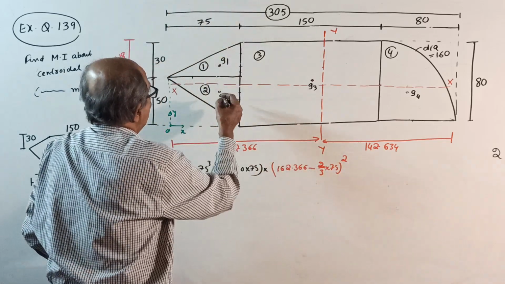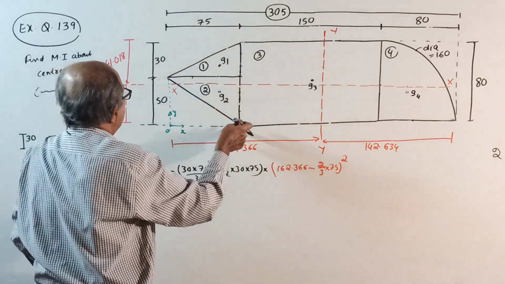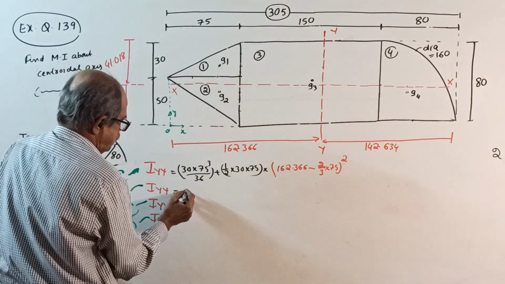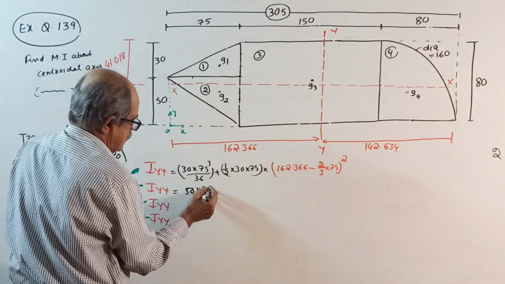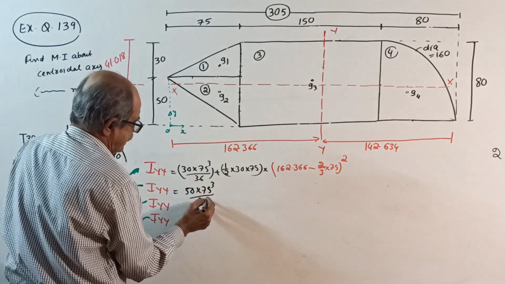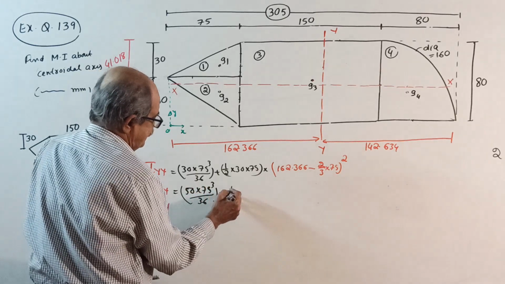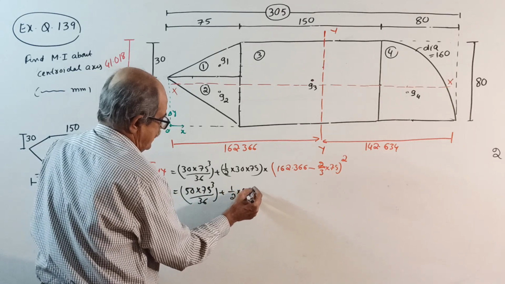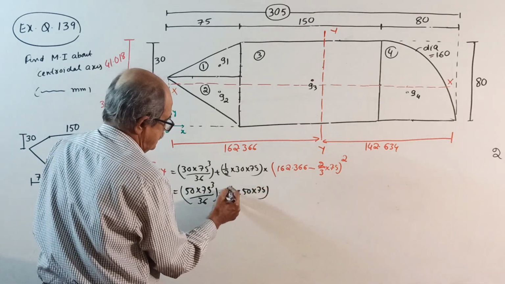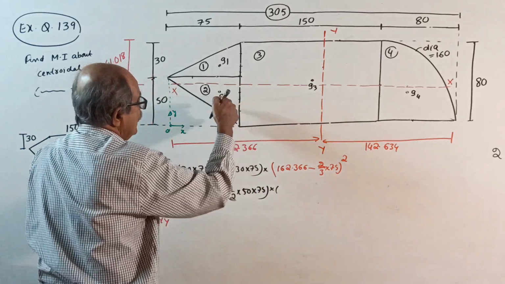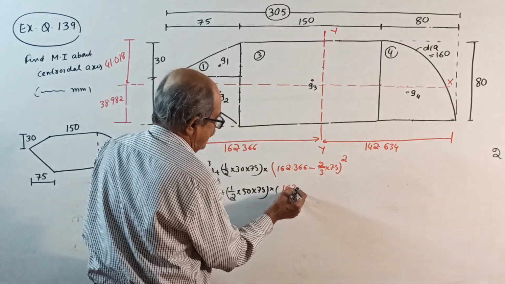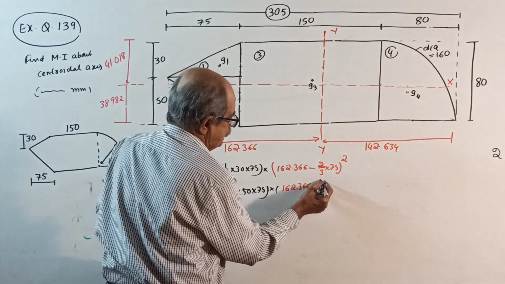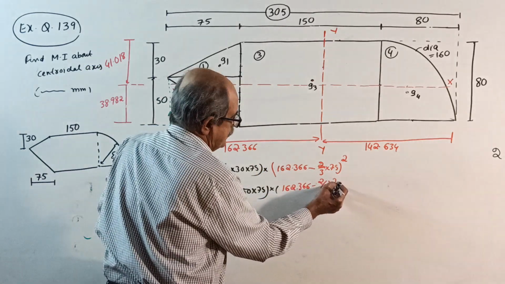For this one, I about its own yy, 50 into 75 cubed by 36 plus half into 50 into 75 is the area into, once again, the same distance square. Y means think a little, 366 minus once again 2 by 3 of 75 whole square.